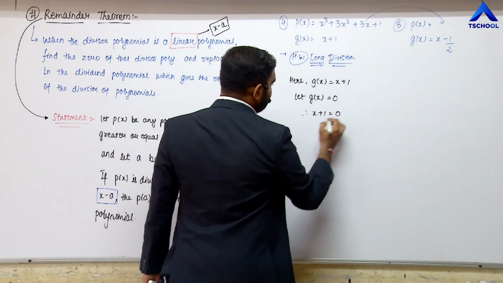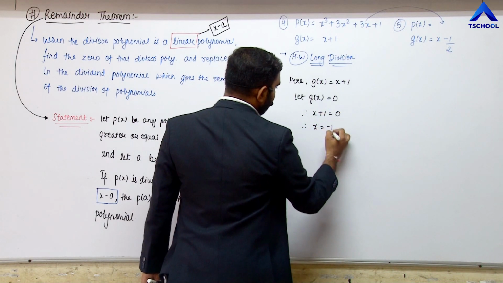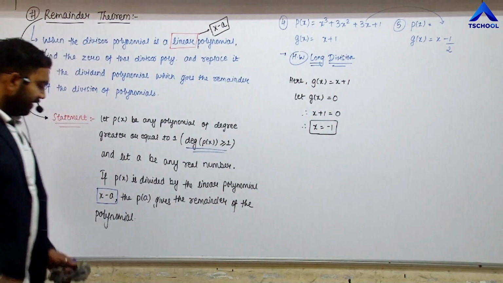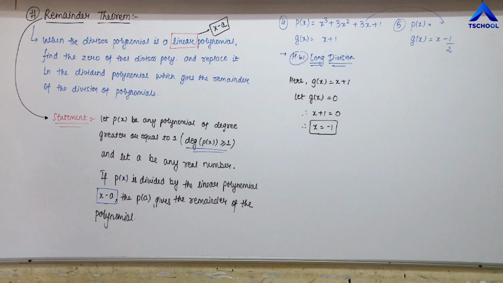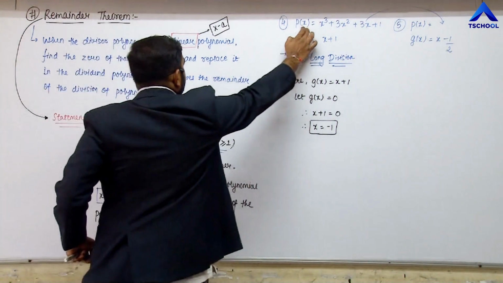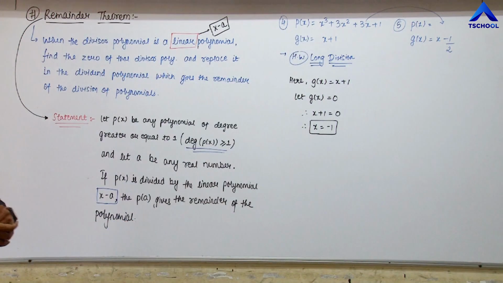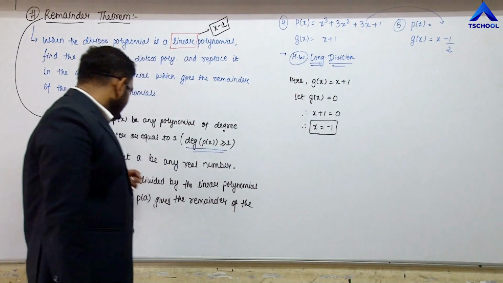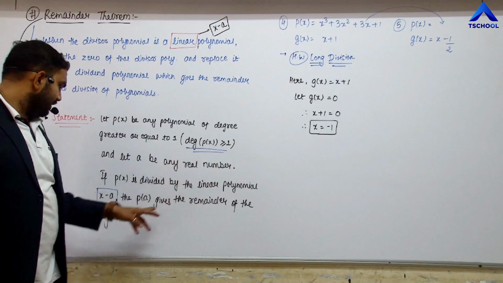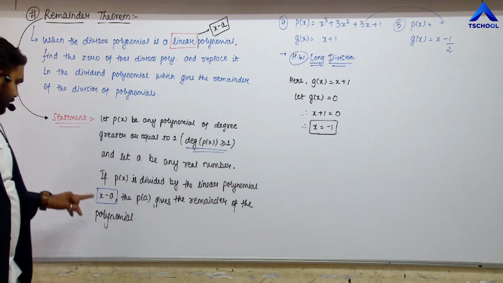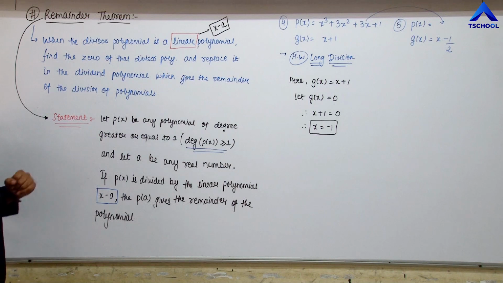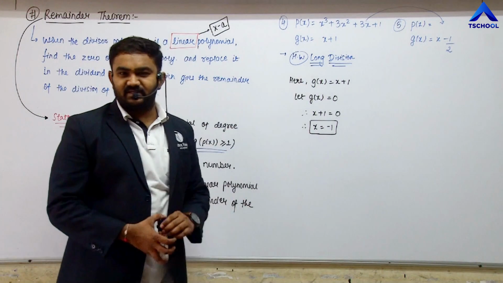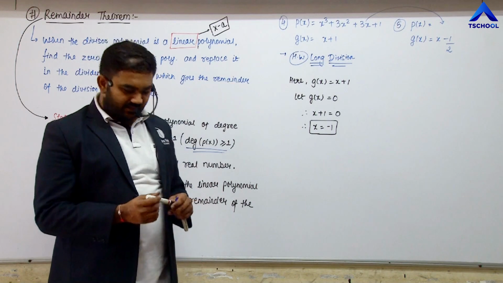That x plus 1 equals 0, or simply it means x equals minus 1. So again you can see here that this p of x, whatever the polynomial here, has a degree greater than 1. It is divided by a linear polynomial x plus 1, so that is again compared with this x minus a, the polynomial that is written here. Now p of a is the remainder, that means first of all we need to find out x equals a, or that a.